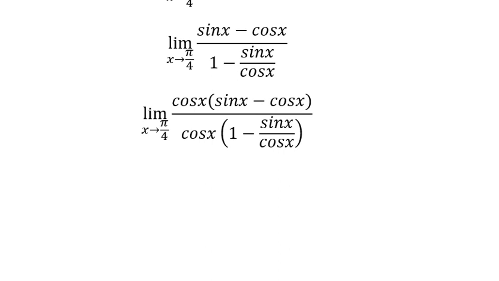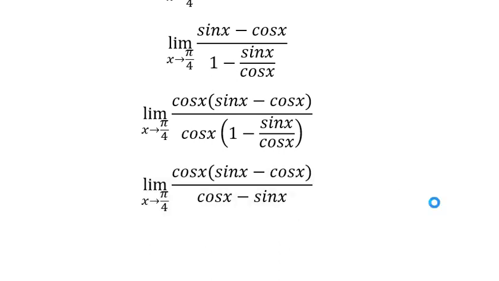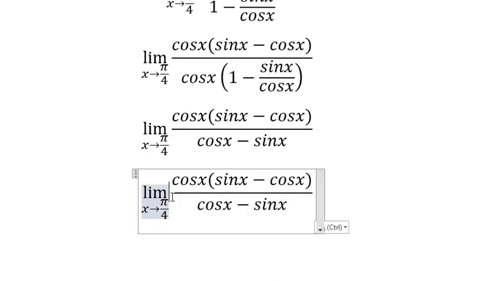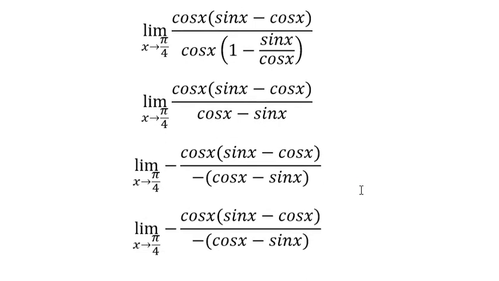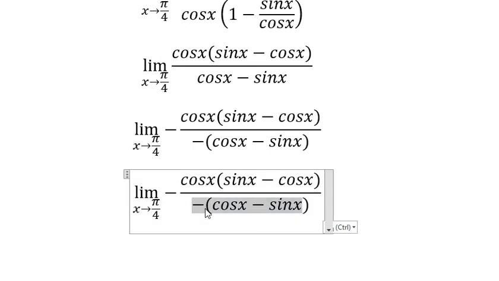Now we put the negative sign here and here. So this one you get sin x minus cosine x.